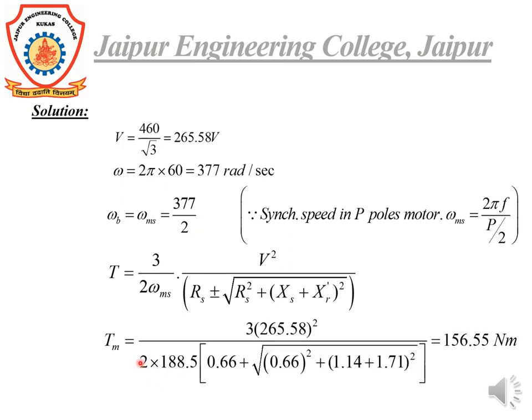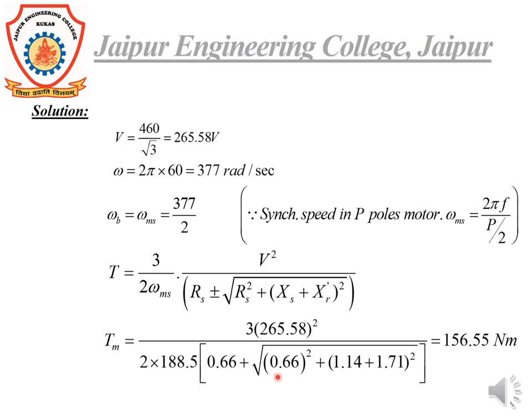So V square is 265.58 squared, and omega ms on solving we will get 188.5.